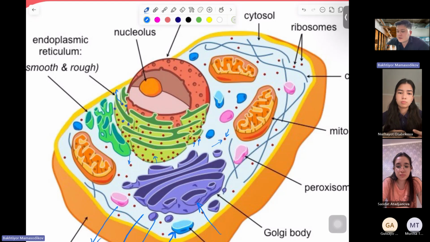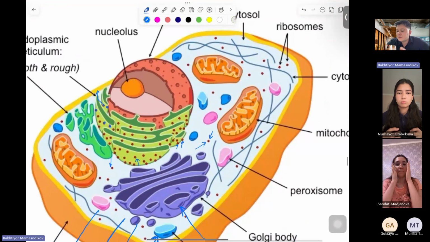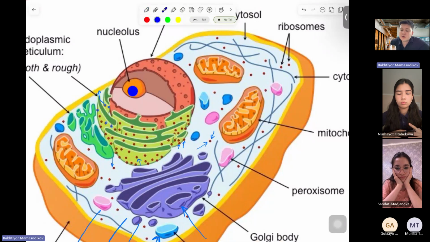Inside the nucleus we have a smaller structure, the nucleolus. What's the function of the nucleolus? Who knows?